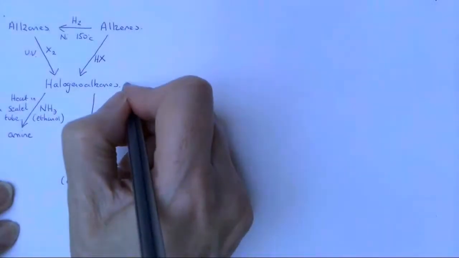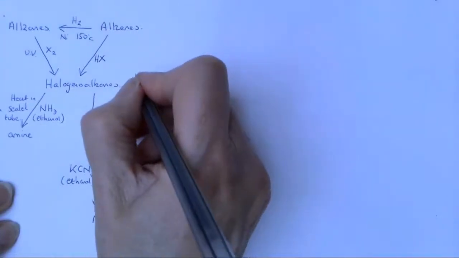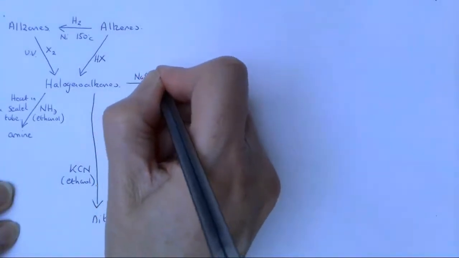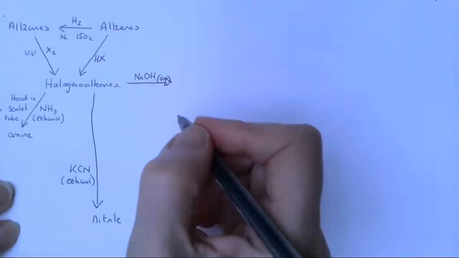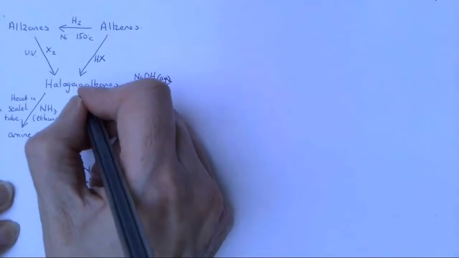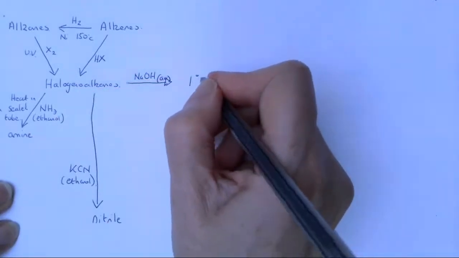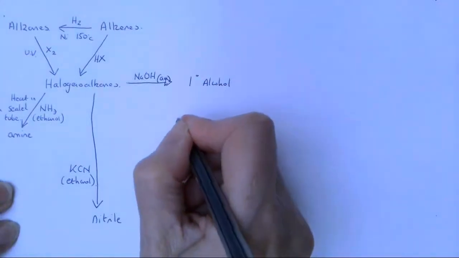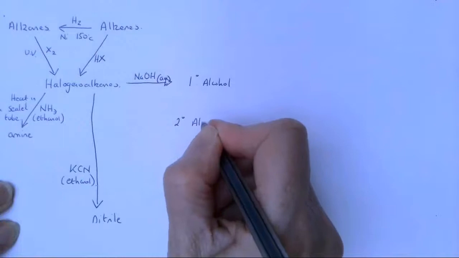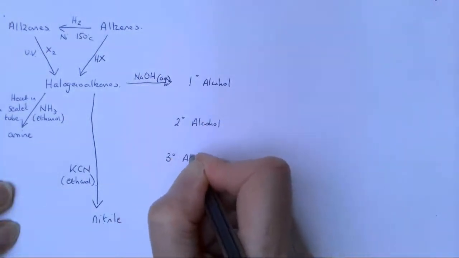I can turn them into alcohols, and I add sodium hydroxide or potassium hydroxide, this time dissolved in water, and I'll get the alcohols. Now, depending on the halogenoalkane I start with, I could get a primary alcohol, I could get a secondary alcohol, or I could get a tertiary alcohol.